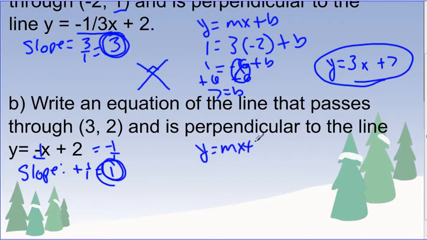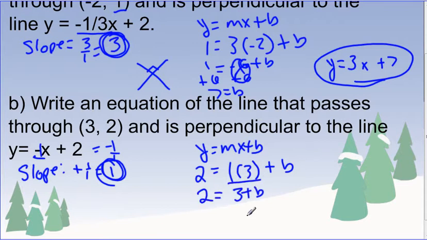Okay, so our new slope is 1. Using our x and y values, the x value is 3, the y value is 2, we need to find what is the b. We'll solve that thing. 1 times 3 is 3. The way you get rid of a plus 3 is you minus 3. B equals negative 1.